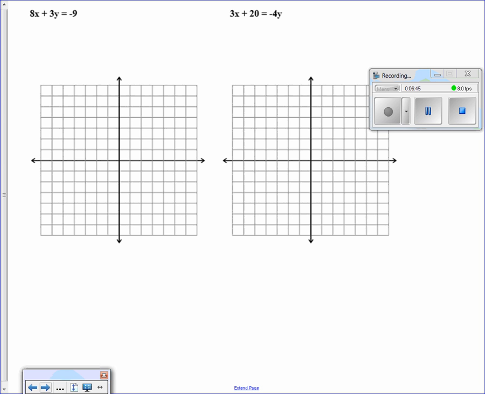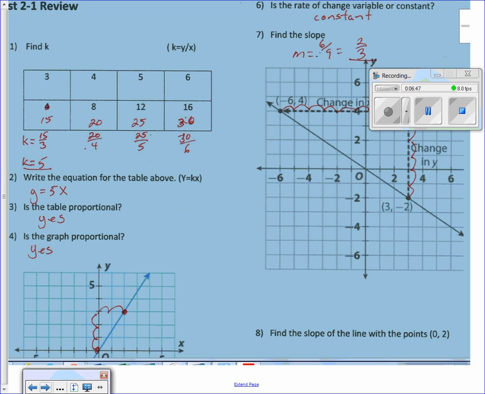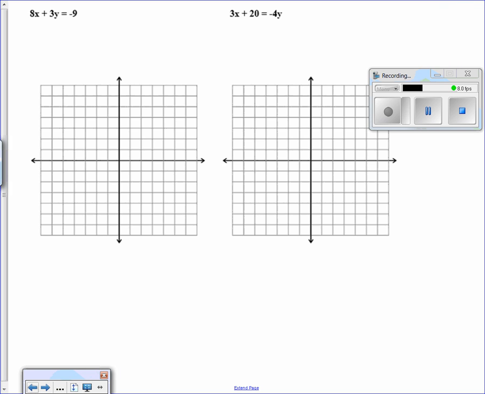So let's go ahead and go over. Let's go ahead. So 8x plus 3y equals 9. First thing, get rid of the 8x, move it to the other side of the equal sign. Opposite operation, 3y equals negative 8x plus 9.